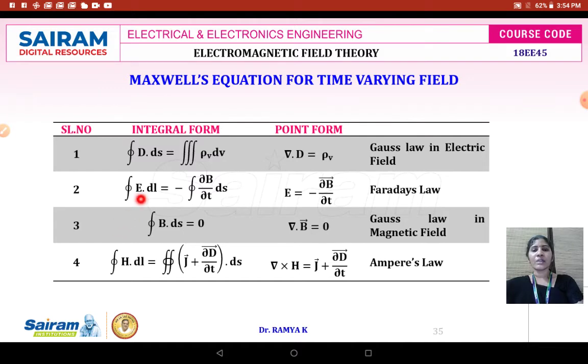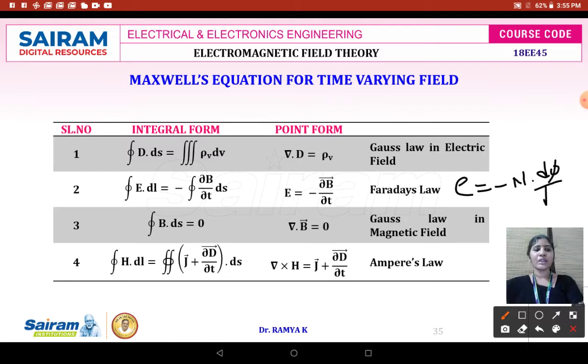Maxwell's second equation in electrostatics for time varying field is the integral over the closed line of E dot dl is equal to the integral over the closed surface of dou B divided by dou t into dS. It is just like Faraday's law, E is equal to minus N into d phi divided by dt.